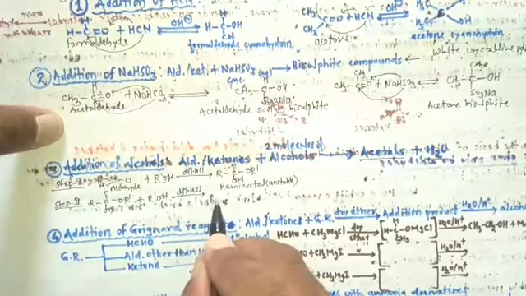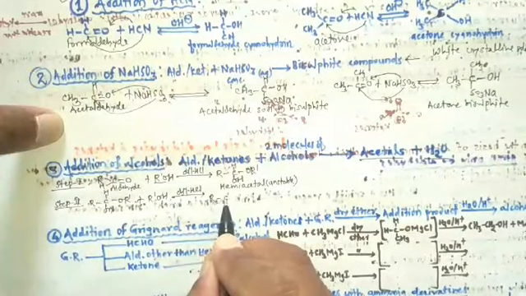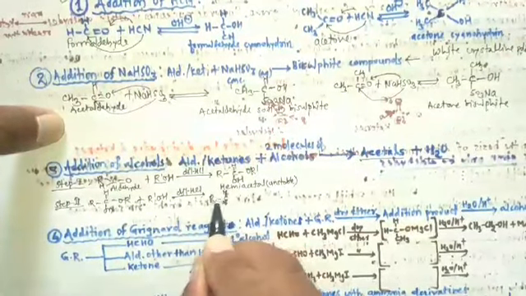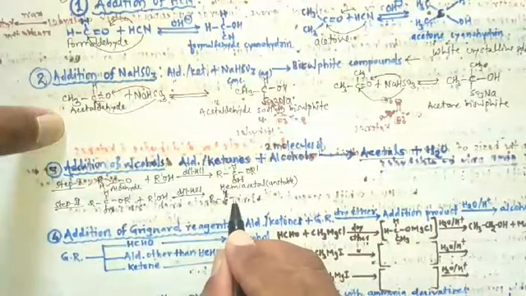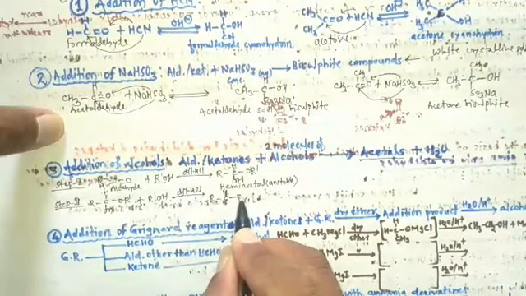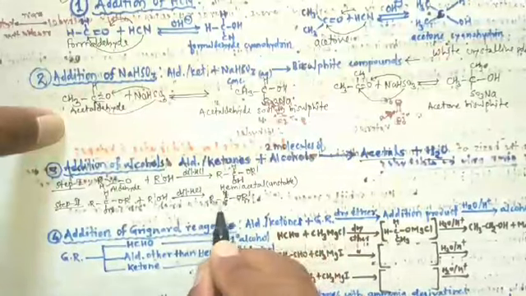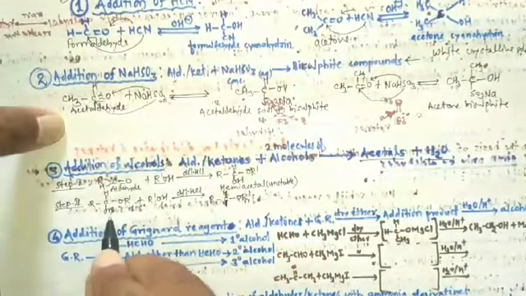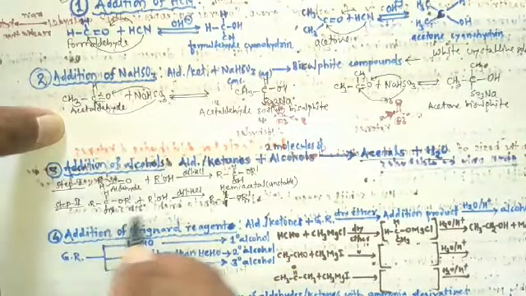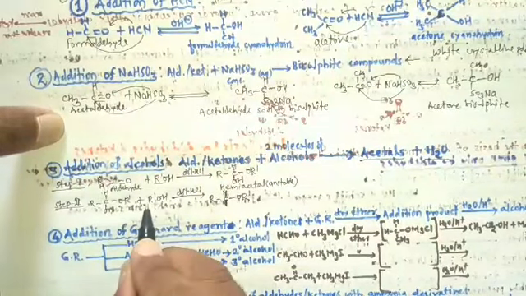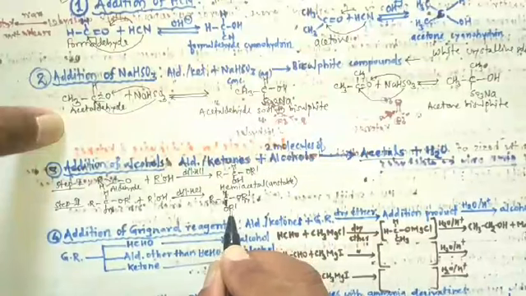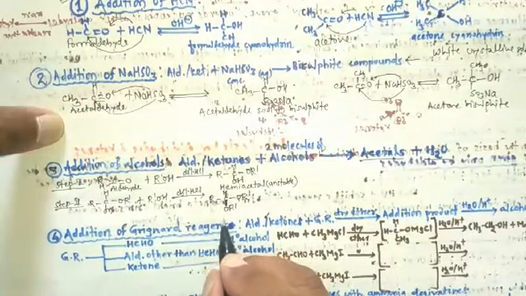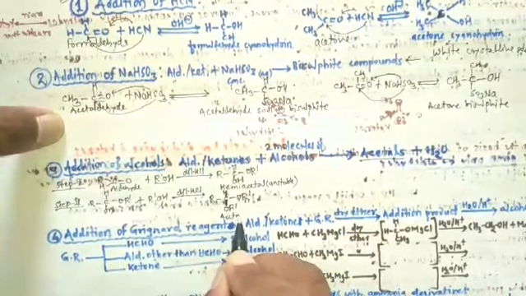So the formula of acetal is RCH, then here OR dash, and here again this H gets replaced by this OR dash. Therefore here OR dash. So this is acetal.